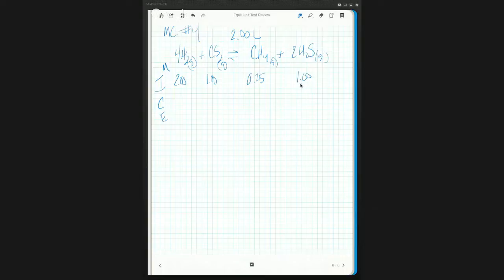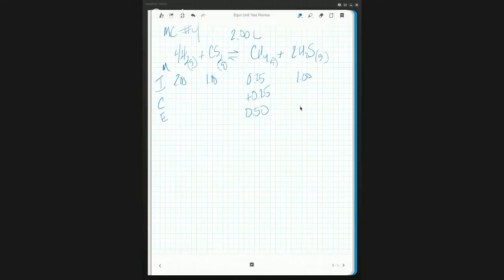And then it says that at equilibrium, the CH4 is 0.50, which means that you had to add 0.25. So that means the reaction was product favored. You produced 0.25 more molarity of CH4. Stoichiometrically, everything's going to be based off the 0.25. You're just going to multiply times the coefficients.